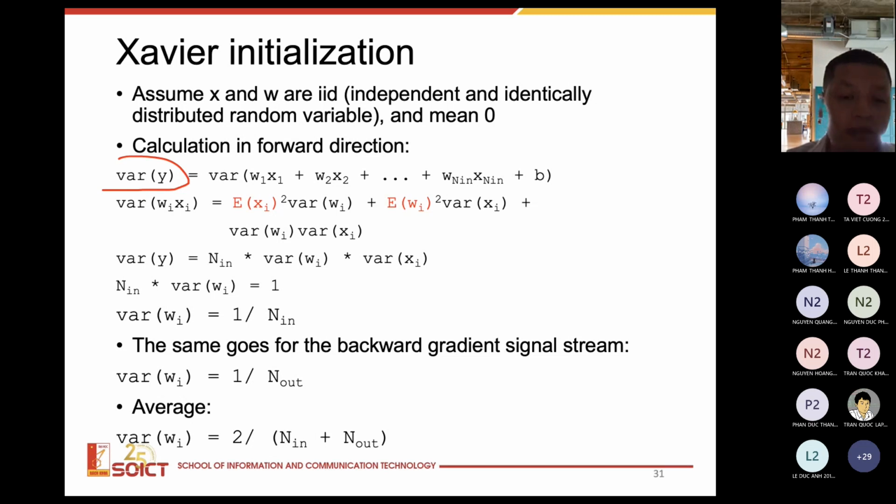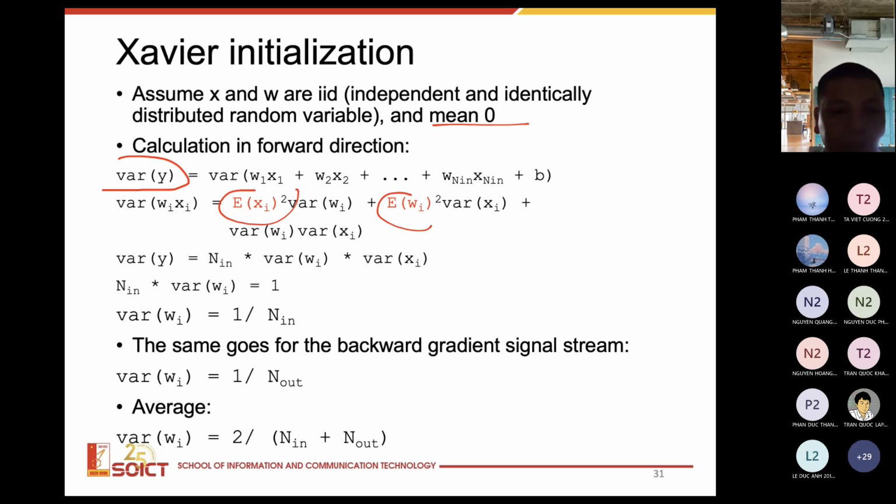And this is the formulation for calculating the variance of Wi xi. I'm not going into detail here. In that case, the variance of y will equal n multiplied by the variance of Wi and the variance of xi, because the expectation is 0, since we assume x and w are zero mean.